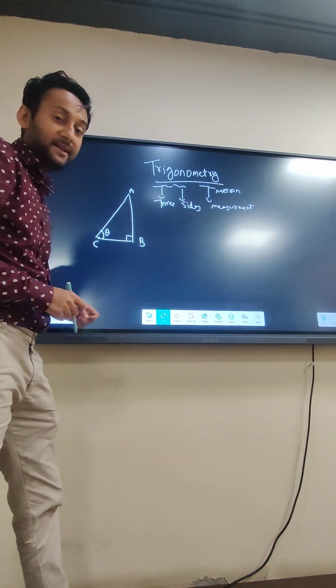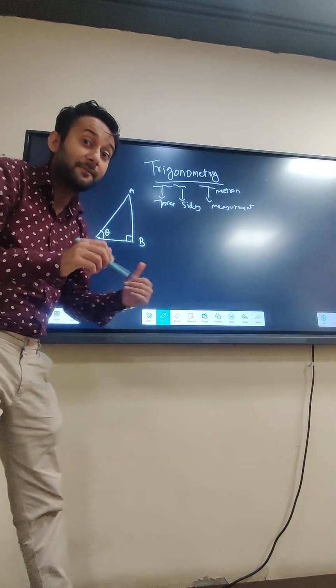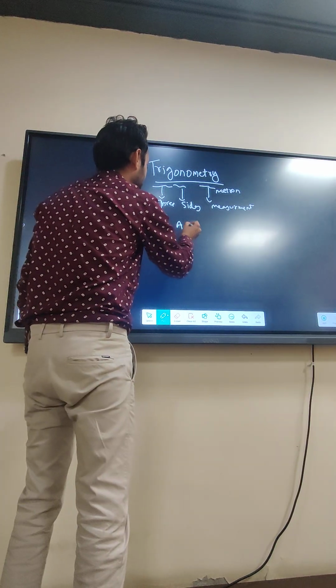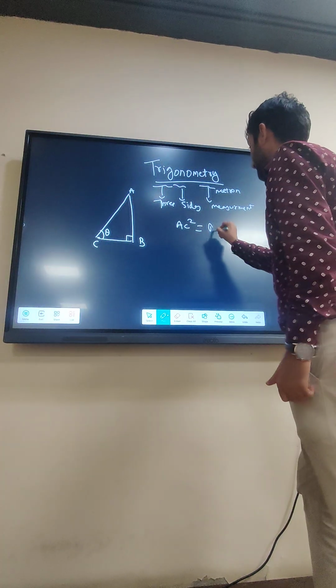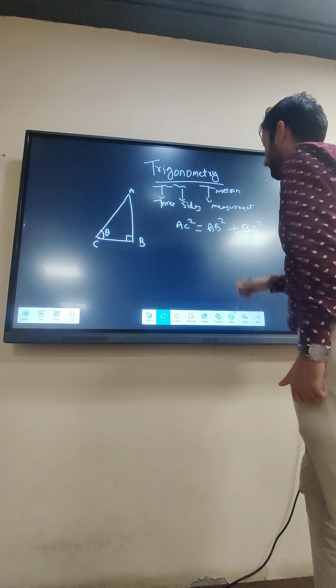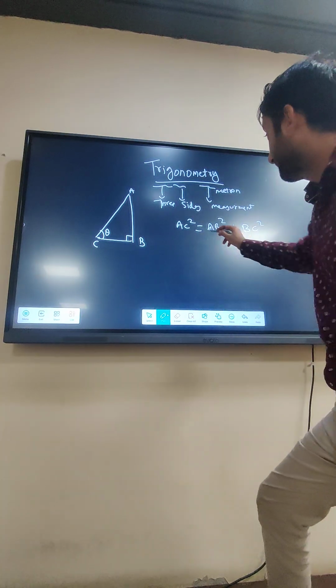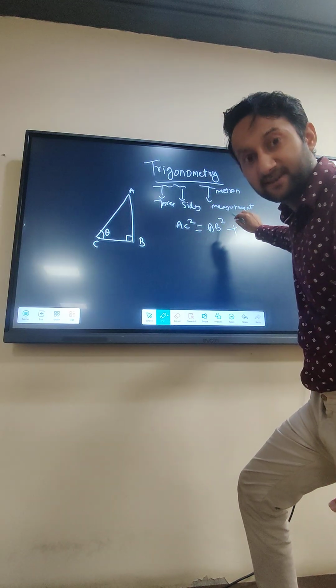Before, in a right angle triangle in smaller classes, what we have done is we have applied Pythagoras like this. Square of hypotenuse is equal to AB square plus BC square, right? In those scenarios, they have given us two sides in the question and they asked for the third side.